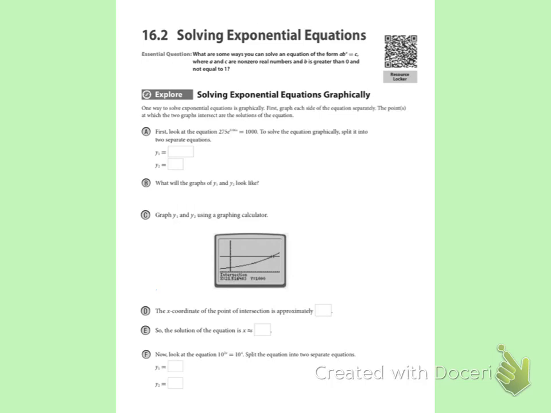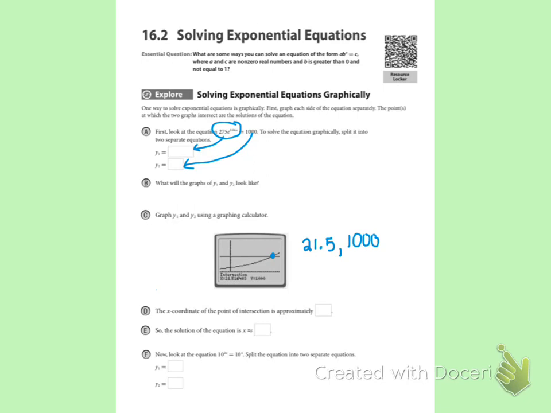And so we could simply take the 275 times e to the 0.06x power and put it into y1. We could put 1,000 in y2. We could graph them, and depending on the window that we chose, it might look like graphic C. And we could have the calculator calculate that point where they intersect, and we can see that that's at approximately 21.516, so about 21.5, and the output at that point would be 1,000, which is what we wanted to know.